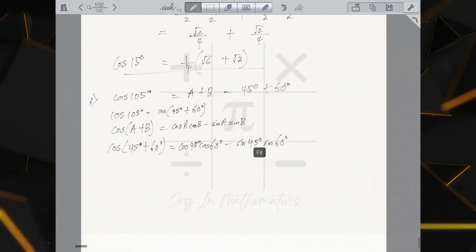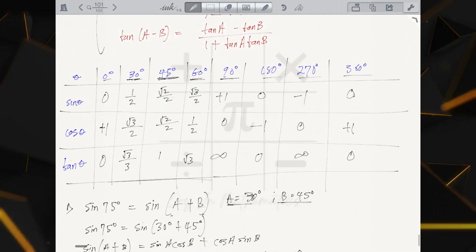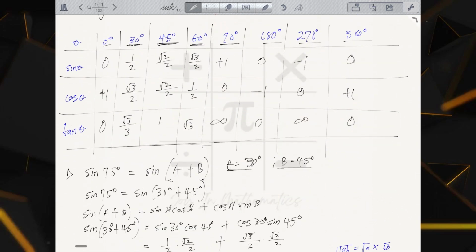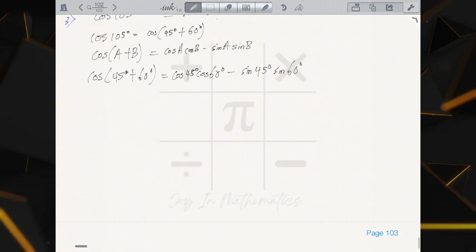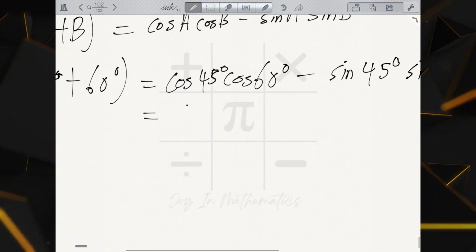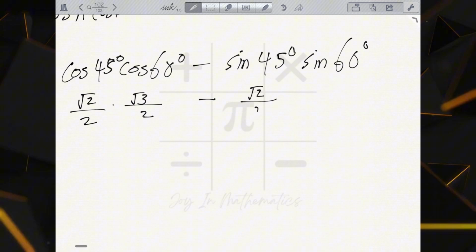So in view of this, let's go back to our special angles table. Sine 45 degrees is root 2 over 2, sine 60 degrees is root 3 over 2, cos 45 degrees is root 2 over 2, and cos 60 degrees is 1 over 2. So inputting that into what we have here, cos 45 degrees is root 2 over 2, and cos 60 degrees is 1 over 2, sine 45 degrees is root 2 over 2, and sine 60 degrees is root 3 over 2.